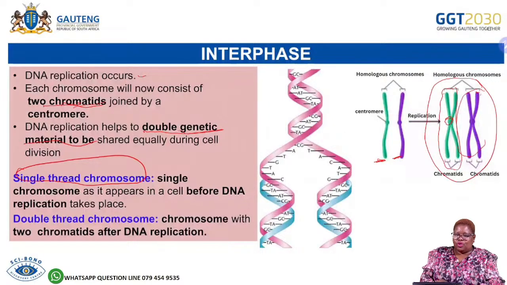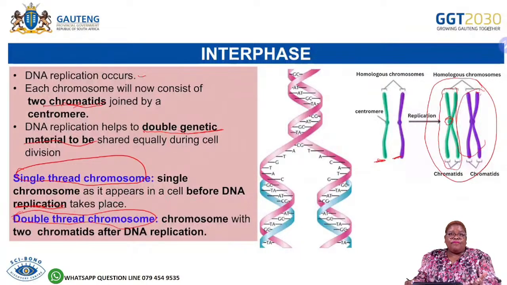It is a chromosome that appears in a cell before replication takes place. Now, after replication has taken place, you can talk about the double thread chromosome. So you can ask yourself, what is a double thread chromosome? A double thread chromosome is a chromosome with two chromatids after DNA replication.